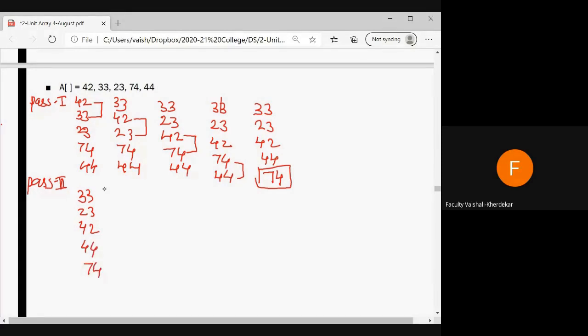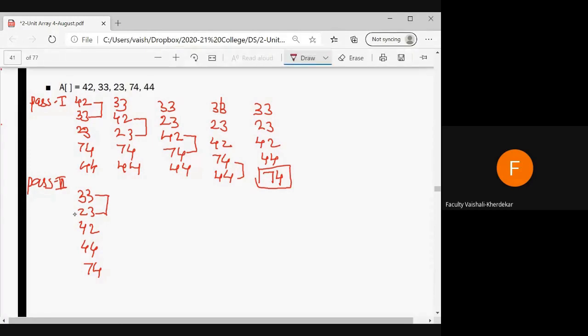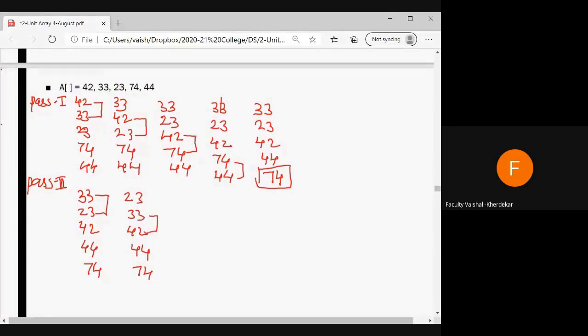Now compare the first number with the second number. 23 is less than 33. Then it becomes 23, 33, 42, 44 and 74. Now compare the second element with the third element. 23, 33, 42. 42 is greater than 33, which means it remains as it is. It is not necessary to interchange.